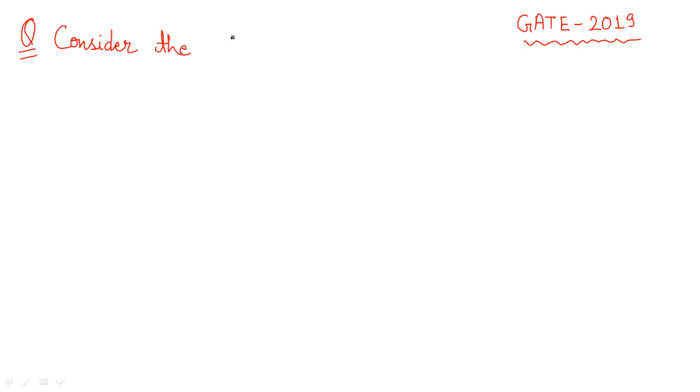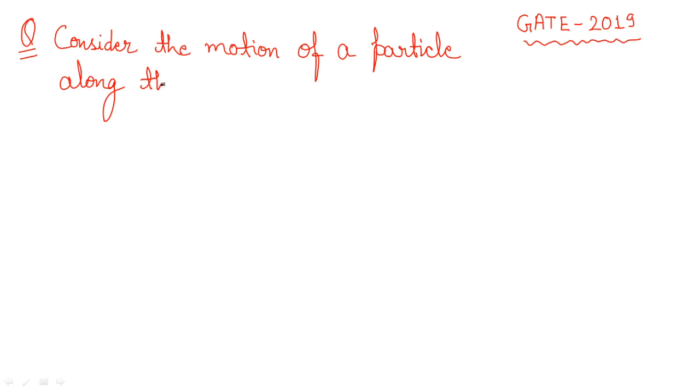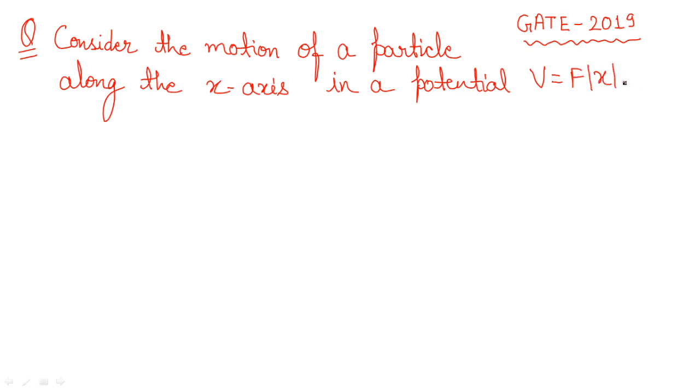Here is the question. Consider the motion of a particle along the x-axis in a potential, that is V is equal to F mod x. This is the potential expression which has been given to us.